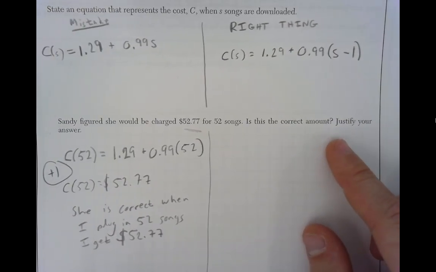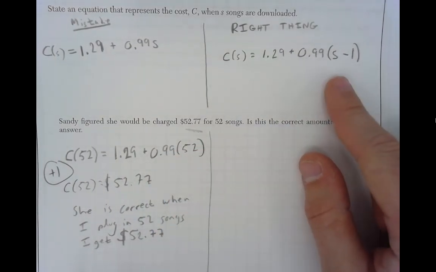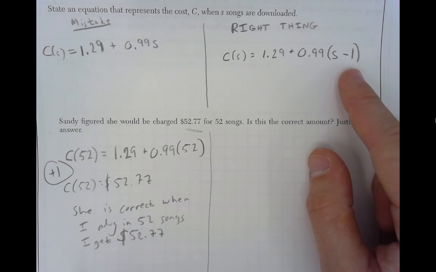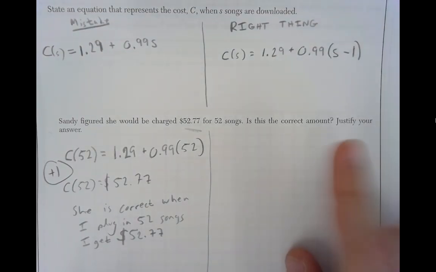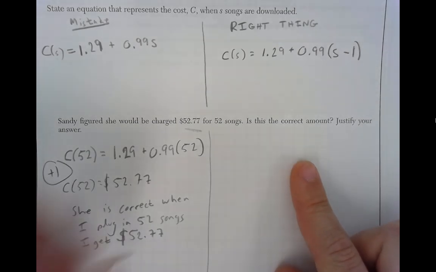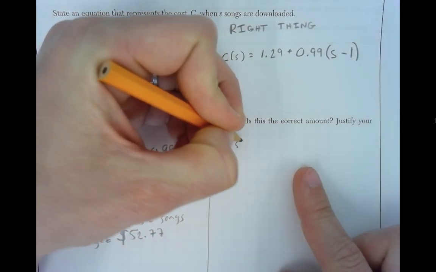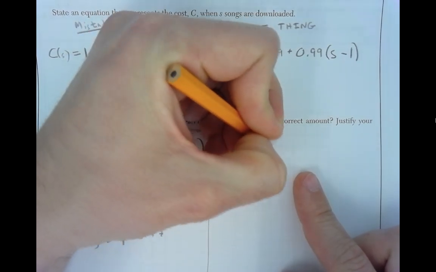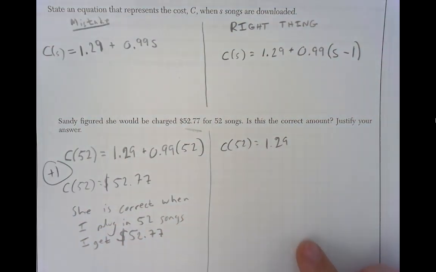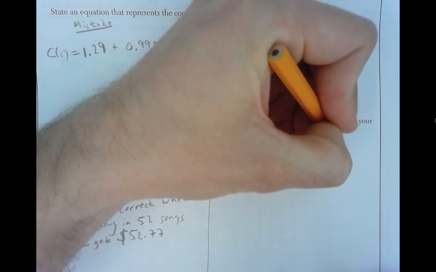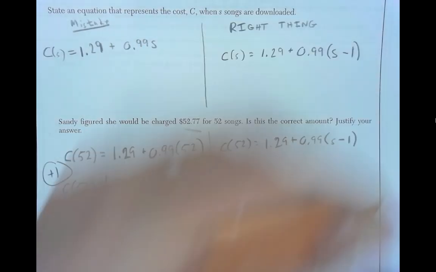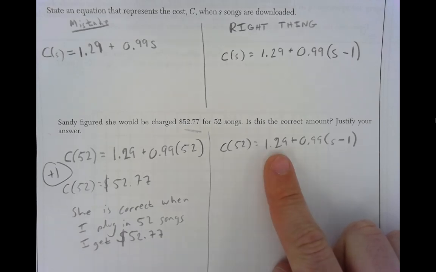Over here, though, we know, oh no, we made a mistake. I was supposed to take 1 away from the 99-cent ones because I already paid for the first song over here. If I plug it into that correct formula, C of 52 equals $1.29 plus 99 cents times the number of songs minus 1, because I already paid for that first one.